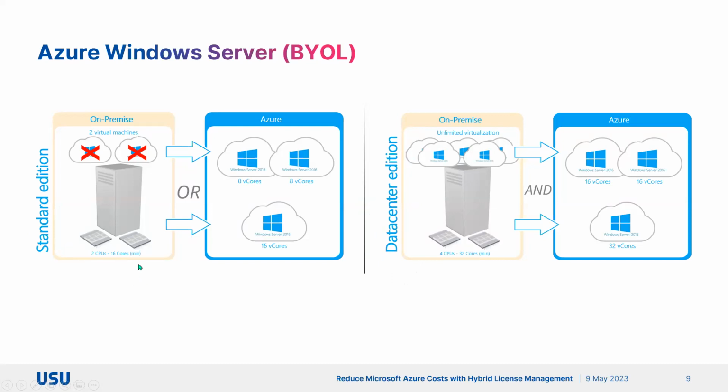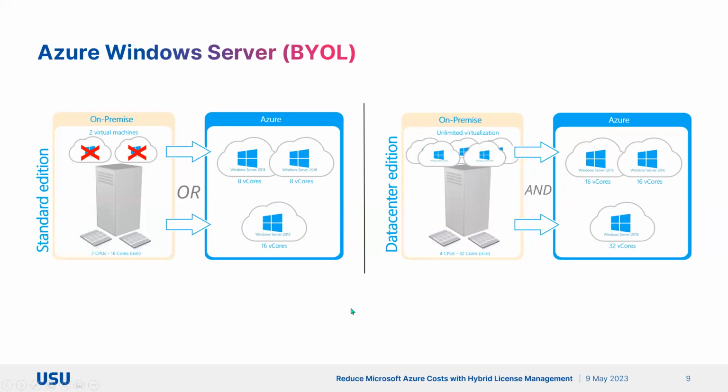For standard, you can use these licenses either on-premise or in Azure. And for data center, this is an actual benefit. That's something we could also call a dual use right. So at the same time, you can continue using these licenses on premise, and you get additional dual use rights for Azure.